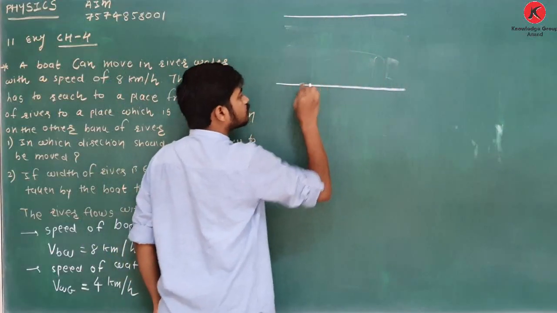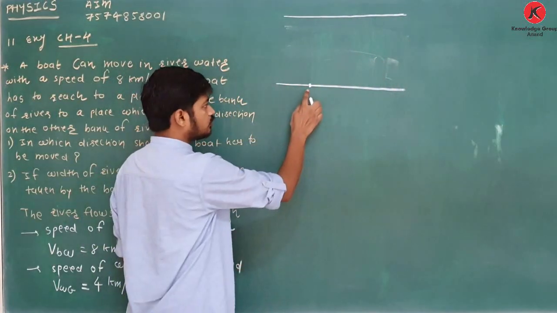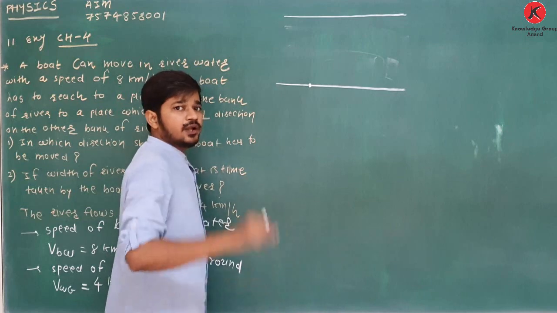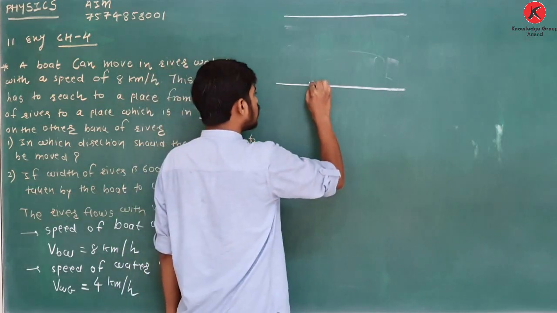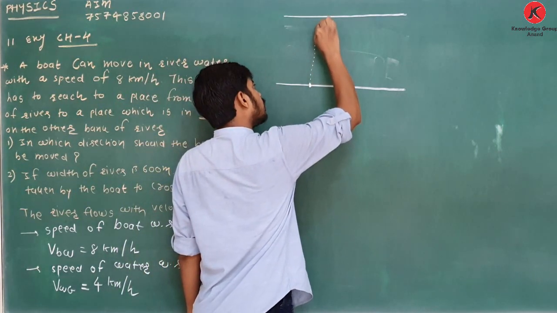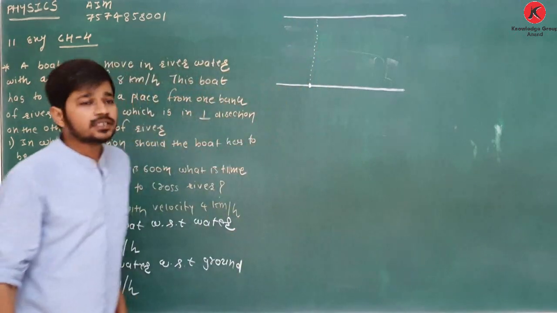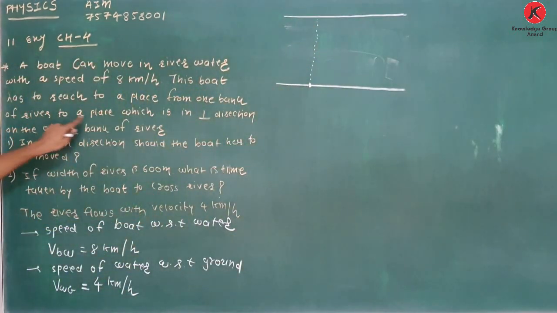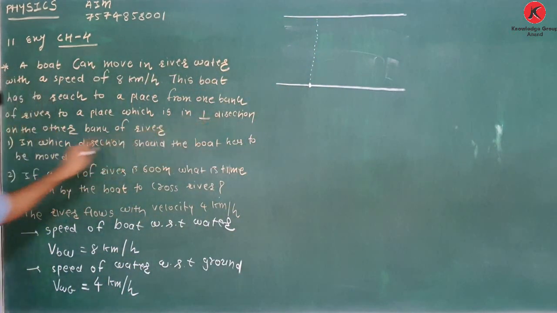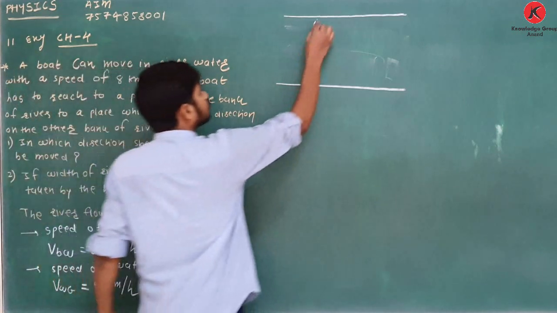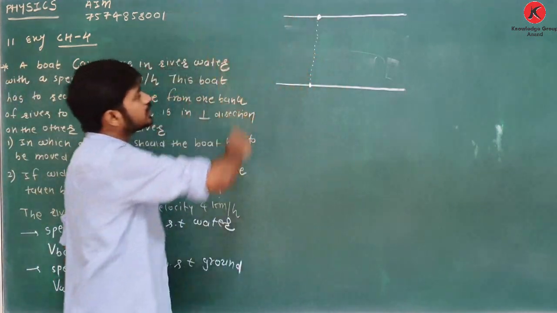A person is supposed to be here on one bank of the river. He wants to move to the other bank, but to a place which is in the perpendicular direction. Means he wants to reach at this point.